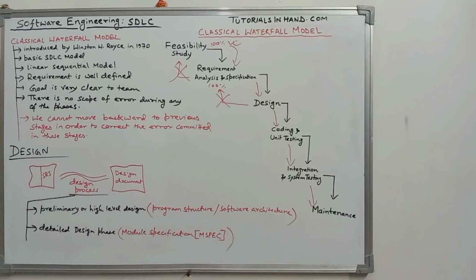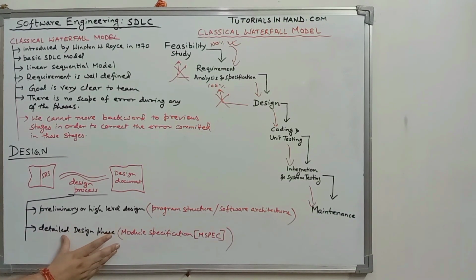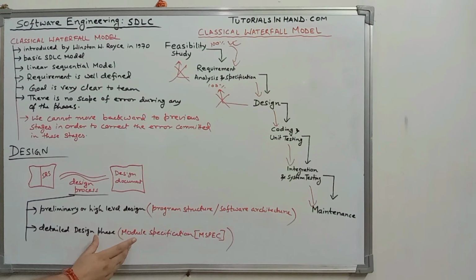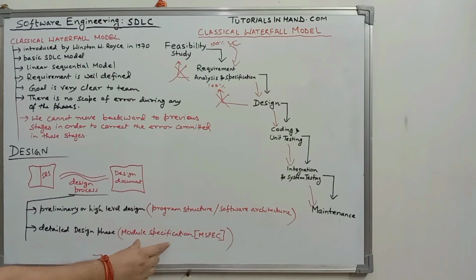That means each and every module that we are going to develop for the software product is clearly defined over here. Suppose you are creating a calculator, then the addition module, subtraction module, multiplication module and different modules are clearly specified.